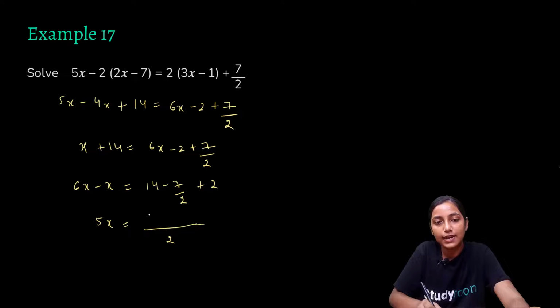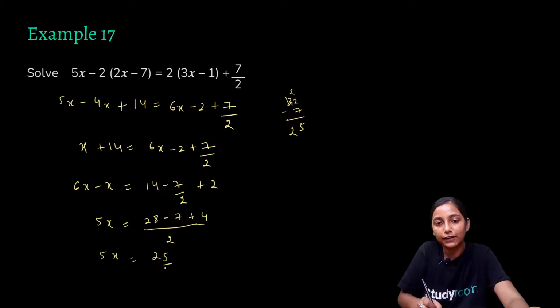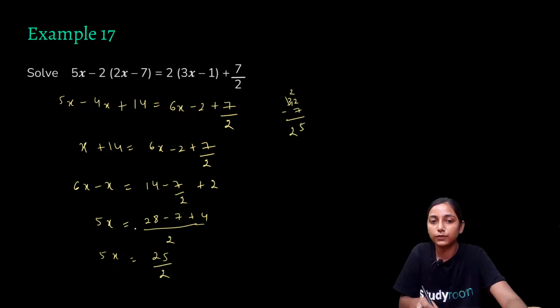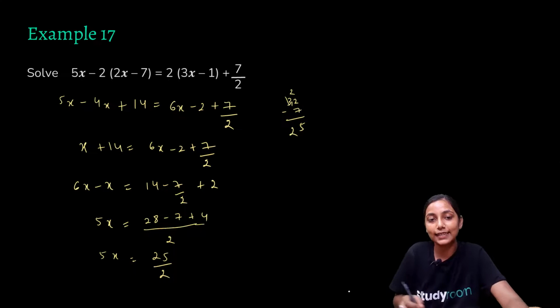After taking LCM we are getting 28 minus 7 plus 4 over 2. After solving this, 28 plus 4 will be 32, and 32 minus 7 will be 25. It is 25 by 2. Solving this gives us 25 by 2, and now our third step is to divide both sides by the coefficient of the variable x, that is 5.